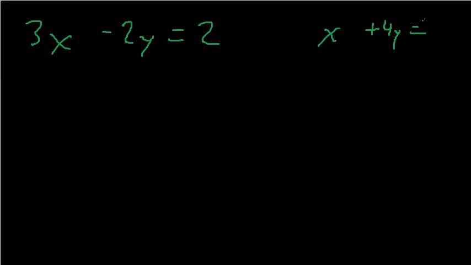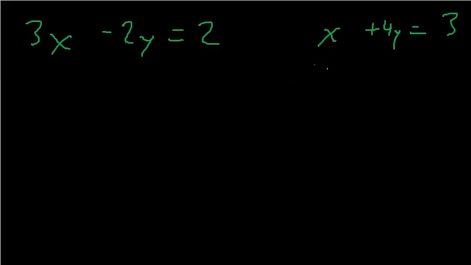Let's take a look at two more equations. Take a look at 3x minus 2y is equal to 2, and x plus 4y is equal to 3. Now the trick with the substitution method is to find a variable in one of the equations that has no coefficient, or a coefficient of 1.